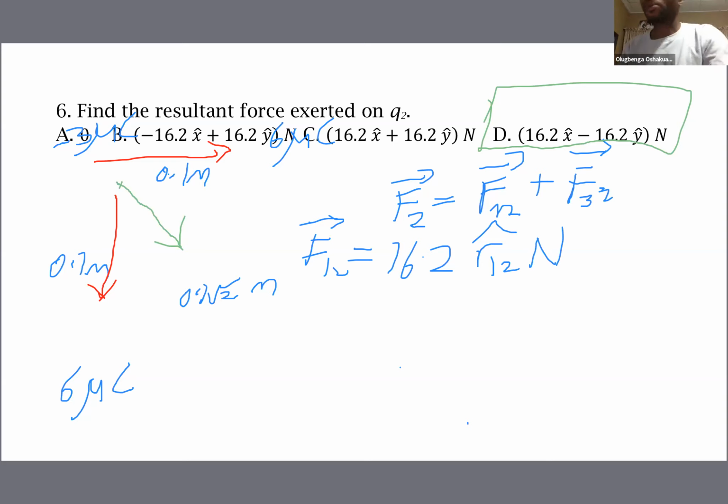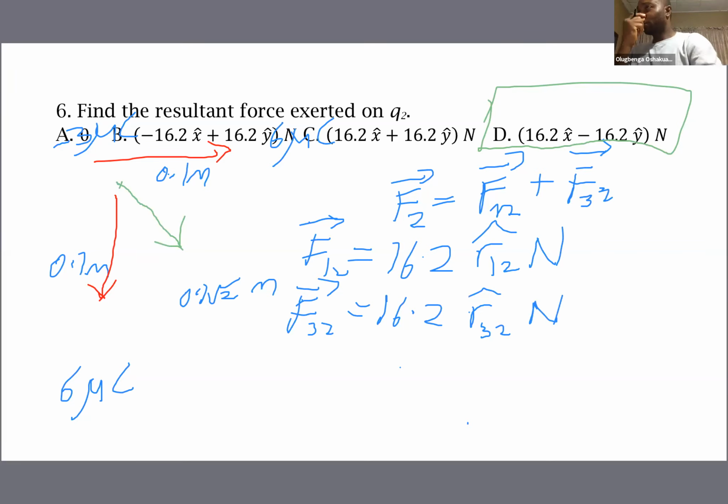Similarly, our F32 will give us 16.2 R32 caret newtons. So the work that remains here is to determine what is R12 and what is R32.